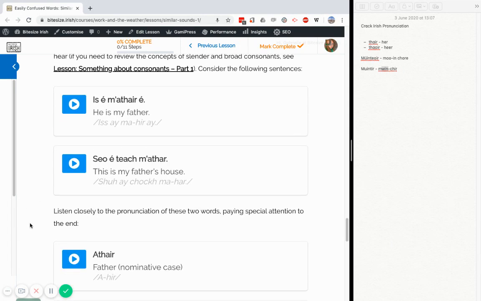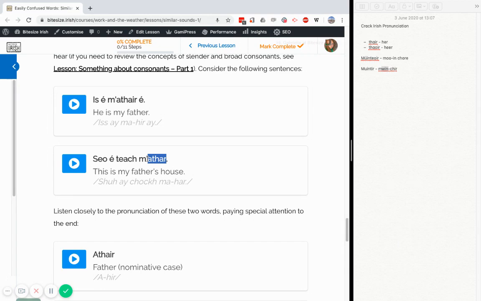And then seo é teach athar. So this is broad. The R there is broad. Teach athar. So from the nominative here of athair, we go to athar for the genitive.